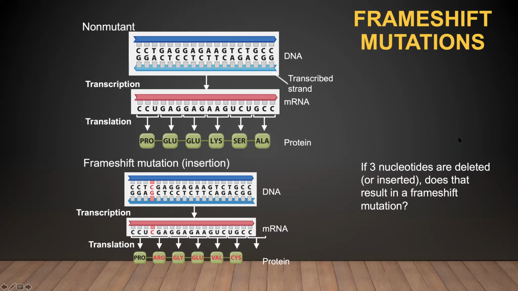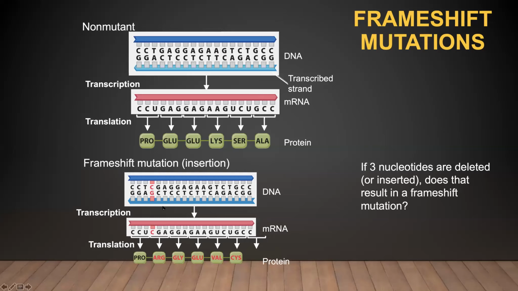Okay, so we have someone saying yes, that we would technically see it. You would just have an extra amino acid. Yeah, so we are going to have an extra amino acid, and the rest of the amino acids should be fine, right?